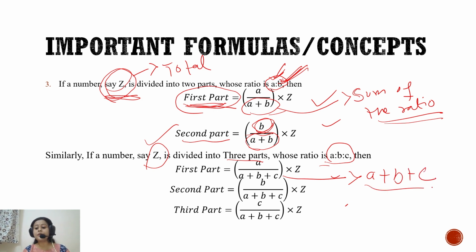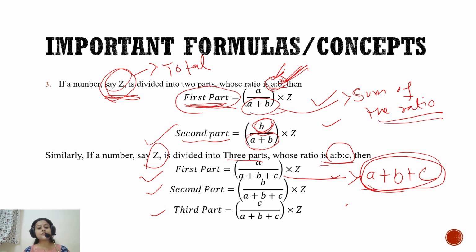So when the total number is given and you have to find out individual parts from a given ratio like A is to B or A is to B is to C, you have to apply this formula. You have to find out the sum of the ratio.